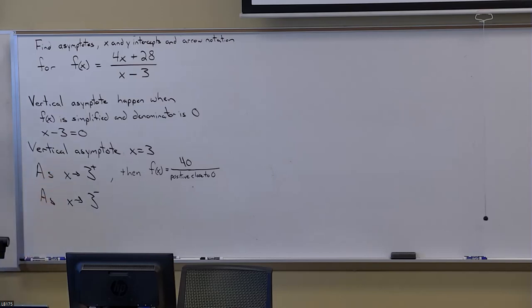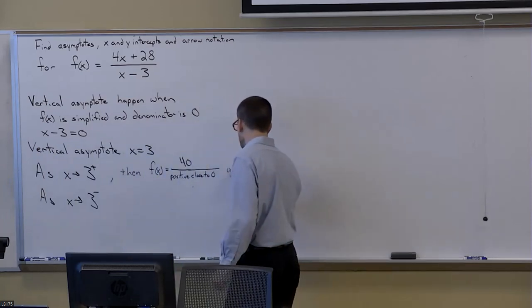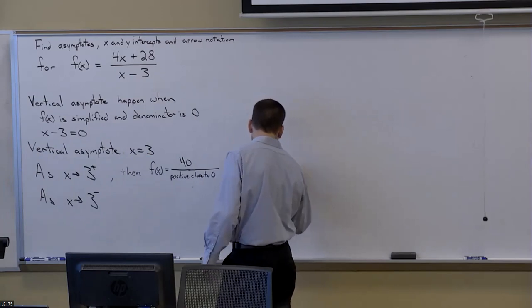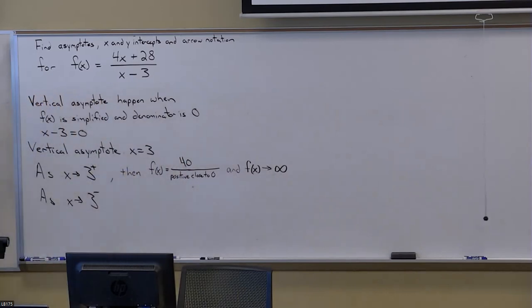So there you go. 40 over a positive close to 0, that's positive over positive, gives me infinity. Does that make sense?